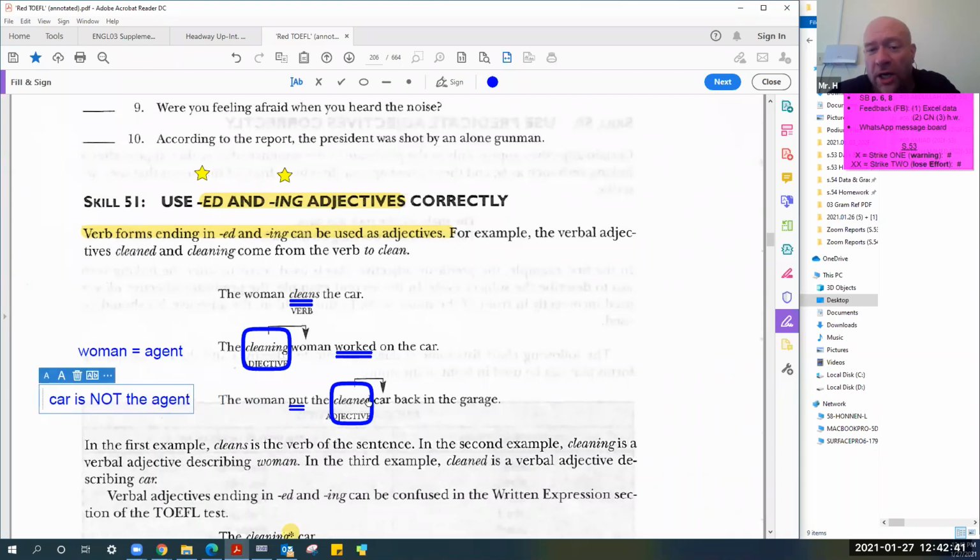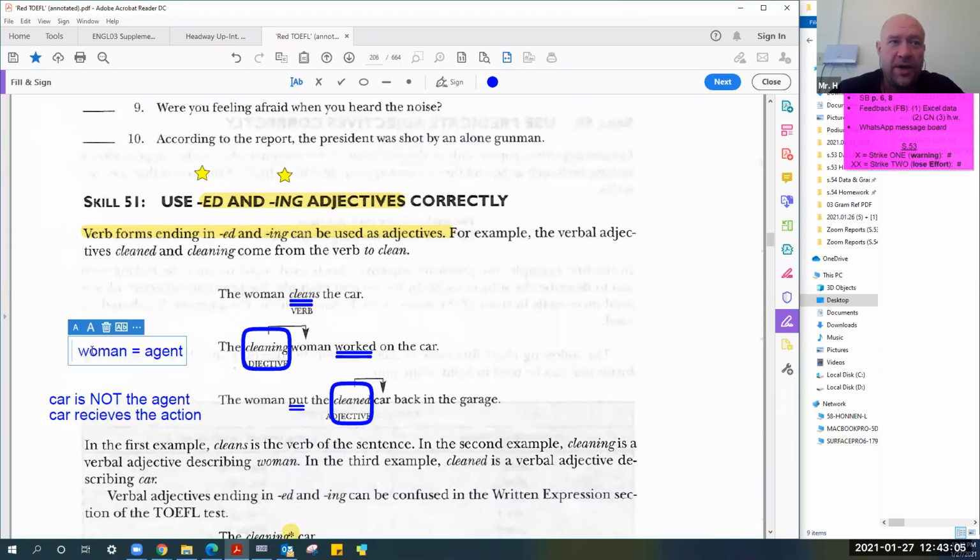The car doesn't do the action. The car receives the action. You understand? Yes. The car receives the action.